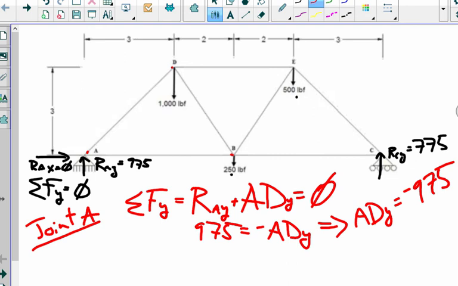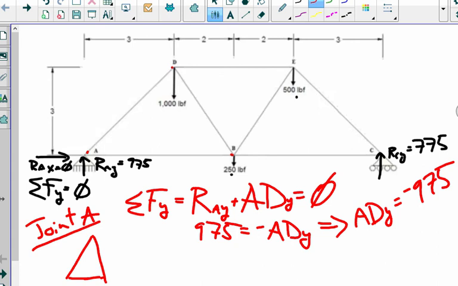Now, when you look at joint A, this angle here, this side is going up 3 over 3. So that's a 45, 45, 90 triangle. Okay? So, if we have a 45, 45, 90, the forces on each side have to be the same.